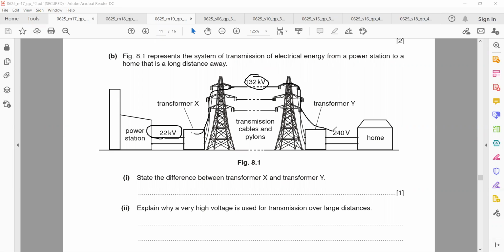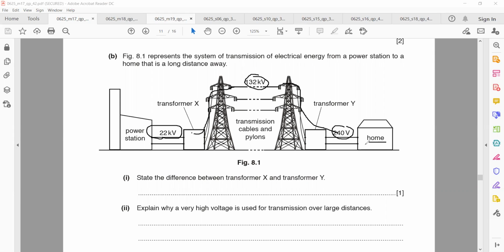And then when we receive it at home, they're supplying us 240. Why are they not giving us 132 kV or even 22 kV? That's too high a voltage. Our devices are only calibrated or working efficiently around 240 volts. That's too high a voltage for the devices to work.